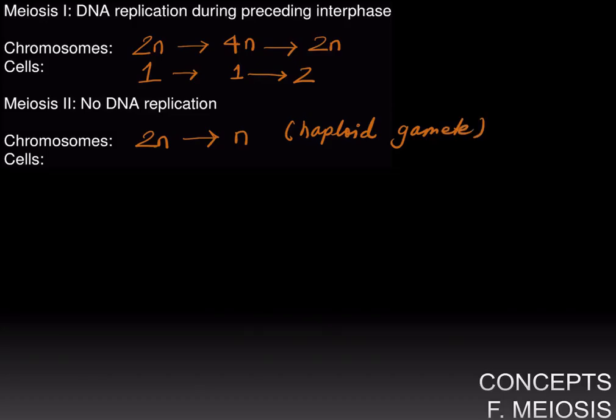And you started out with 2 cells and you divided each cell into 2. Therefore, you end up with 4 gametes. So every meiocyte generates 4 gametes.